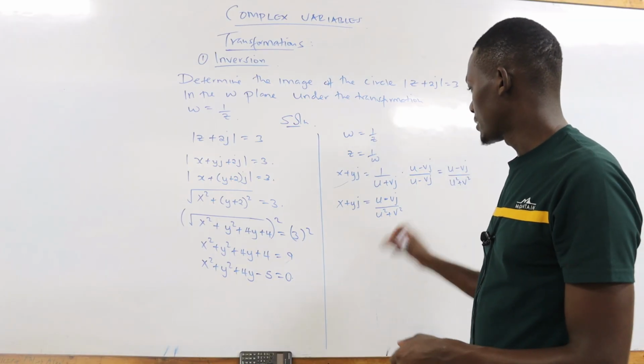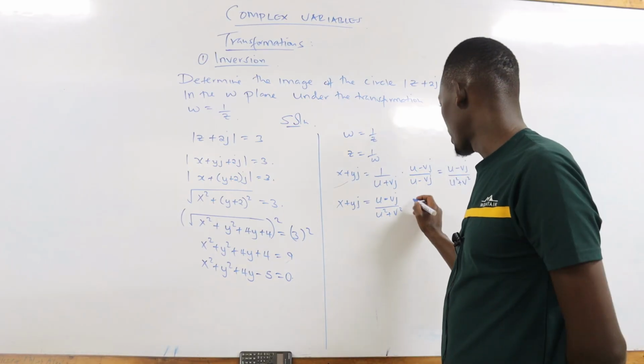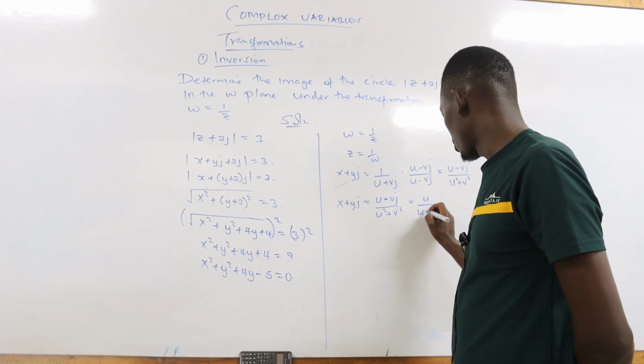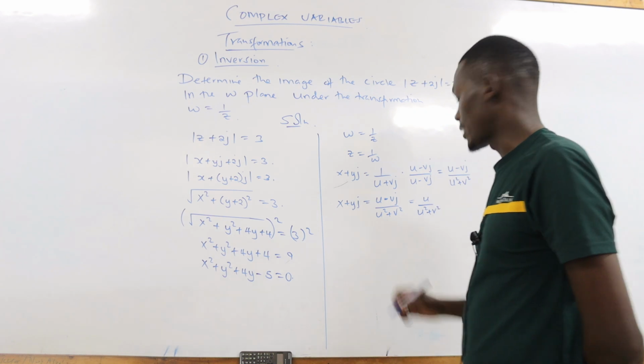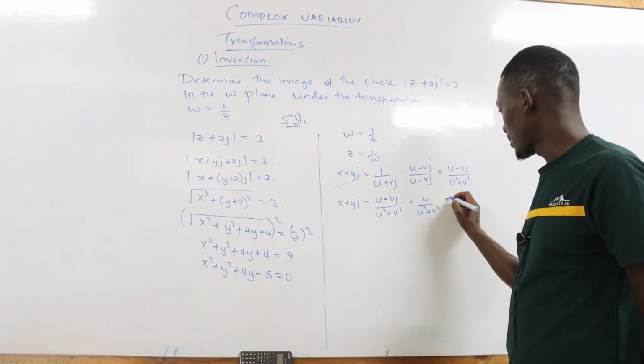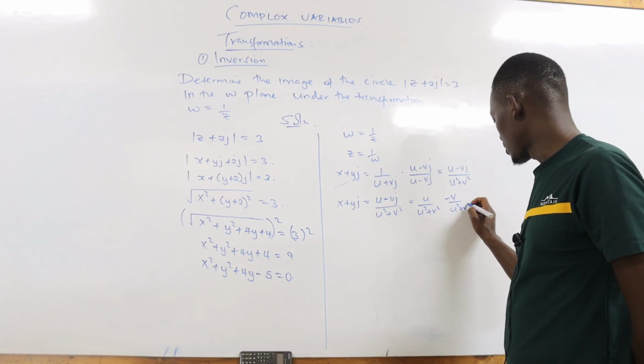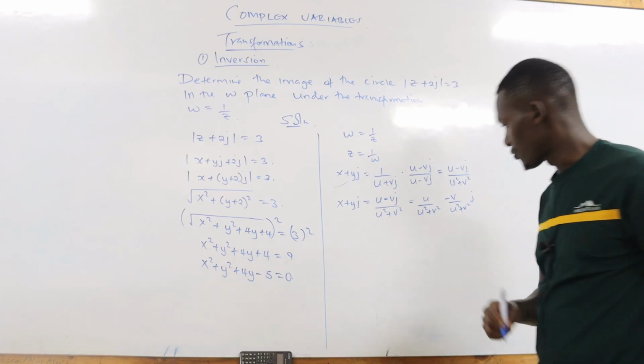So therefore, split it into real and imaginary. Our real part is u over u squared plus v squared. Our imaginary part is minus v over u squared plus v squared. Then you have your j.